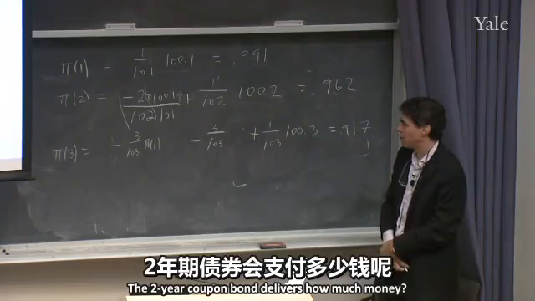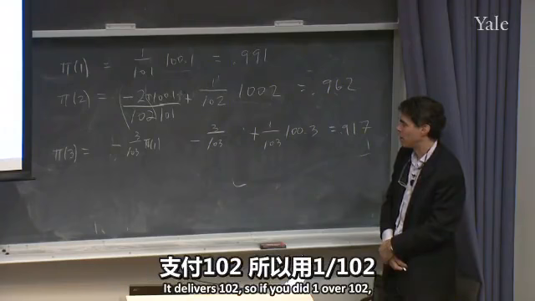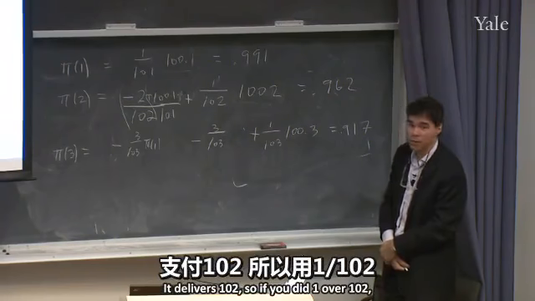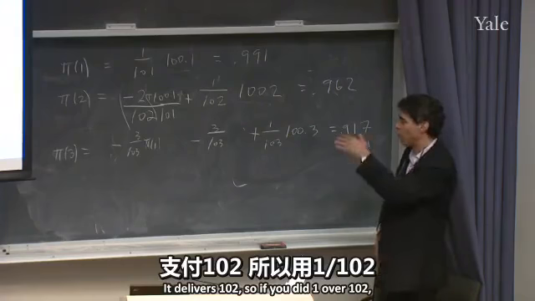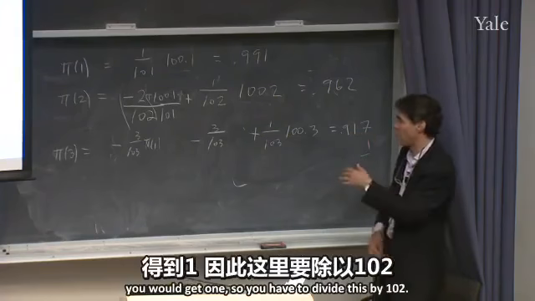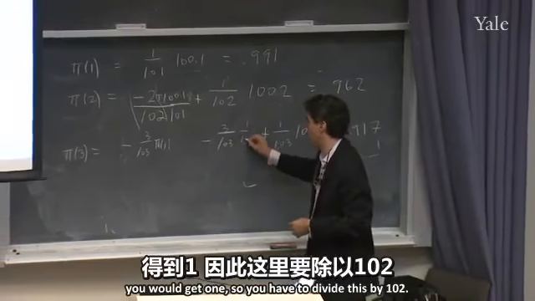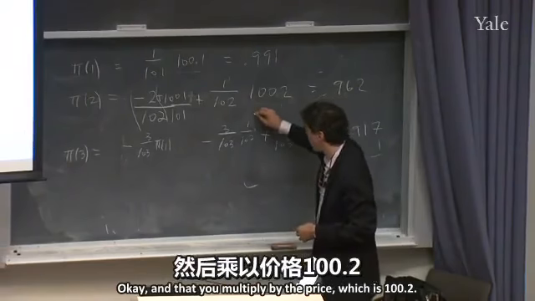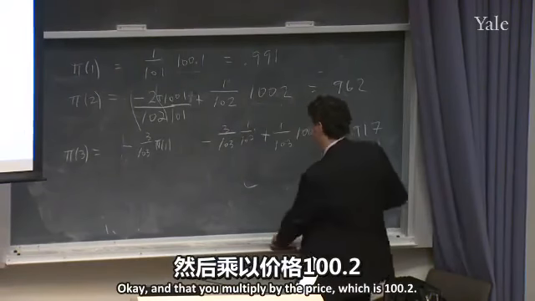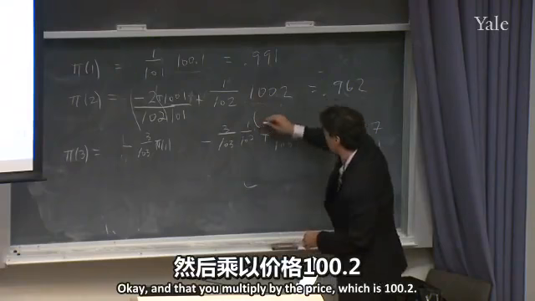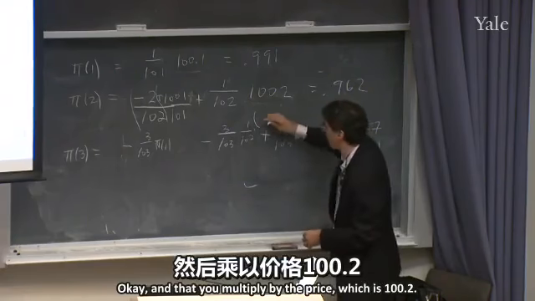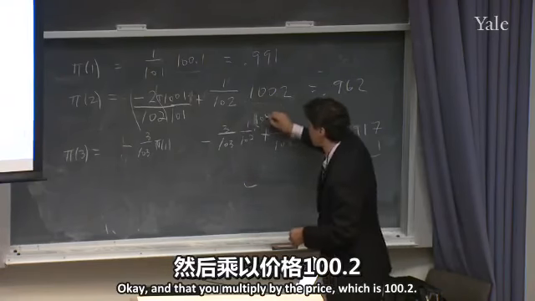And the 2-year coupon bond delivers how much money? Delivers 102. So if you did 1 over 102nd, you would get 1. So you have to divide this by 102. Okay, and that you multiply by the price, which is 100.2.